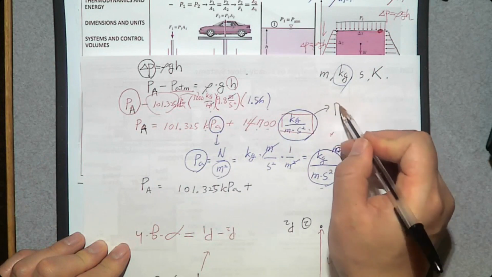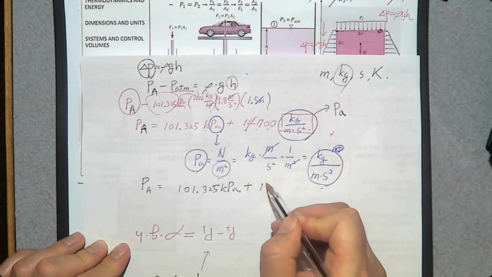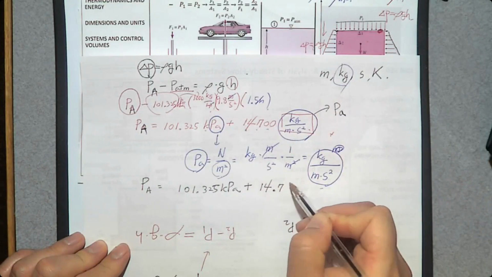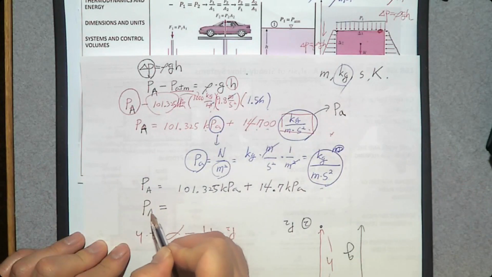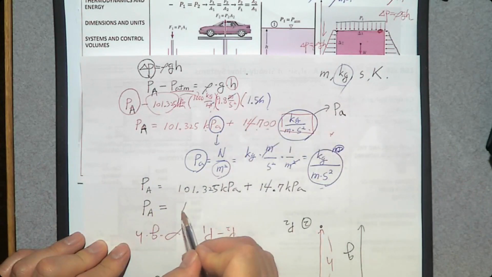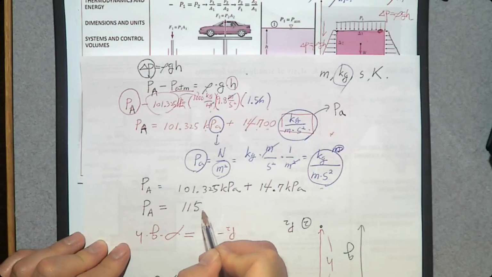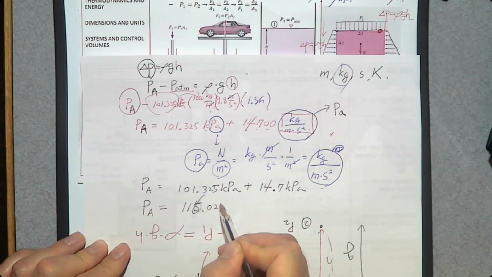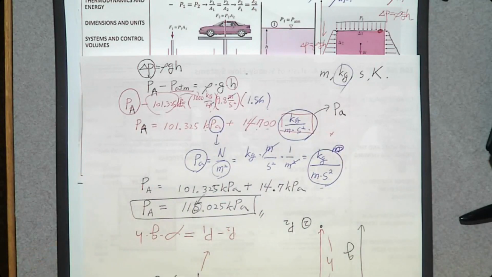So this one is just Pascal. If you convert into kilopascal, it's going to be 14.7 kilopascal. So what is the pressure at the bottom? 16.025 kilopascal. So this is the pressure value at the bottom of the swimming pool in the set.